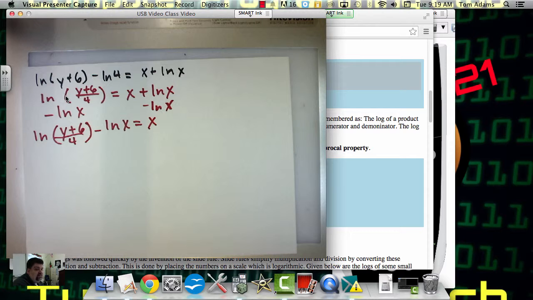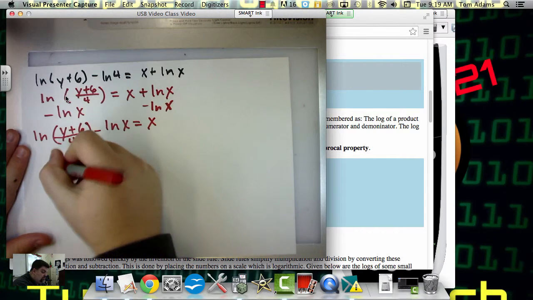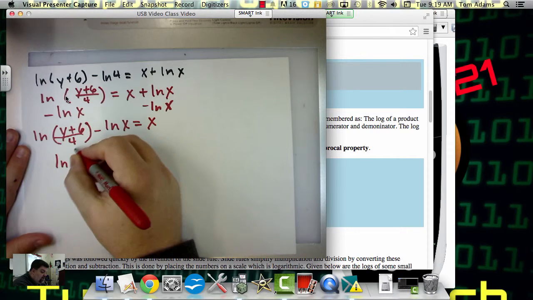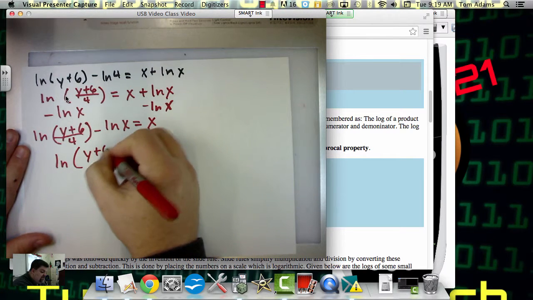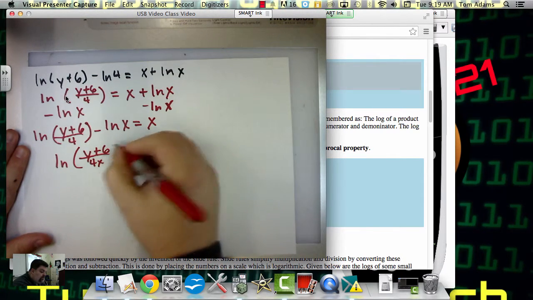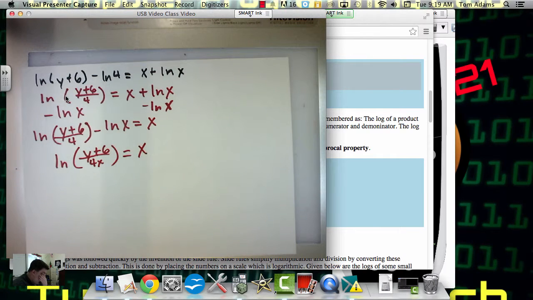Now if I apply that same property again, I could put x in the denominator. Does that make sense to you guys? So then this becomes the natural log of y plus 6 all over 4x is equal to x.